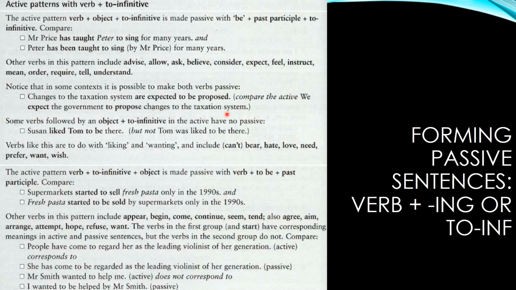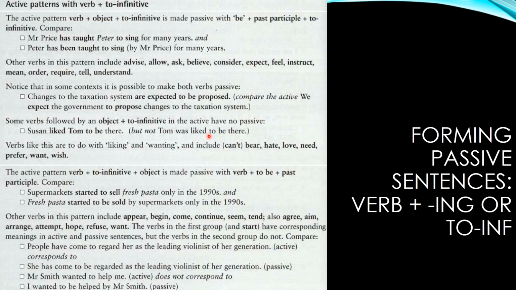Now, special verb patterns. Some verbs followed by an object plus to infinitive in the active have no passive. Susan liked Tom to be there. We can't say Tom was liked to be there, because it sounds really strange. Tom was liked by somebody.